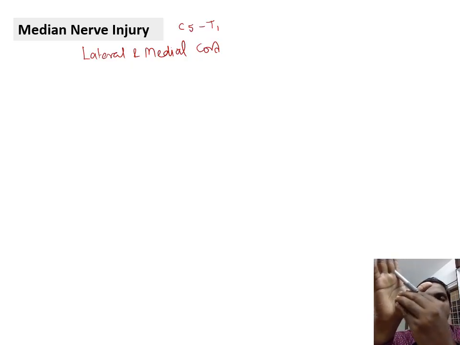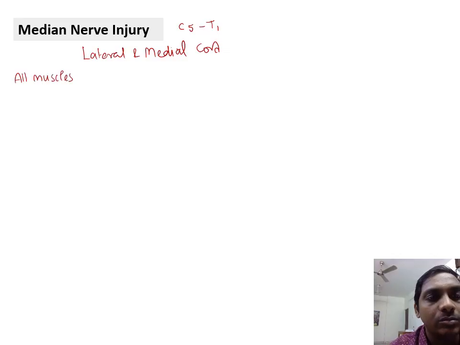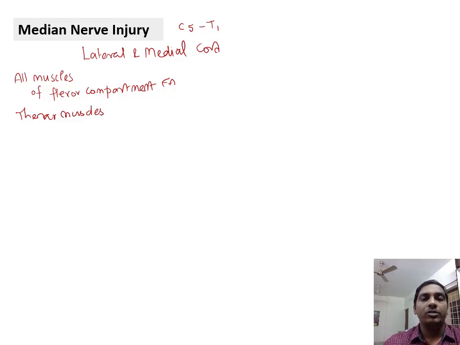This thenar eminence has abductor pollicis brevis. So all muscles of the flexor compartment of the forearm and thenar muscles are supplied: abductor pollicis brevis, opponens pollicis.